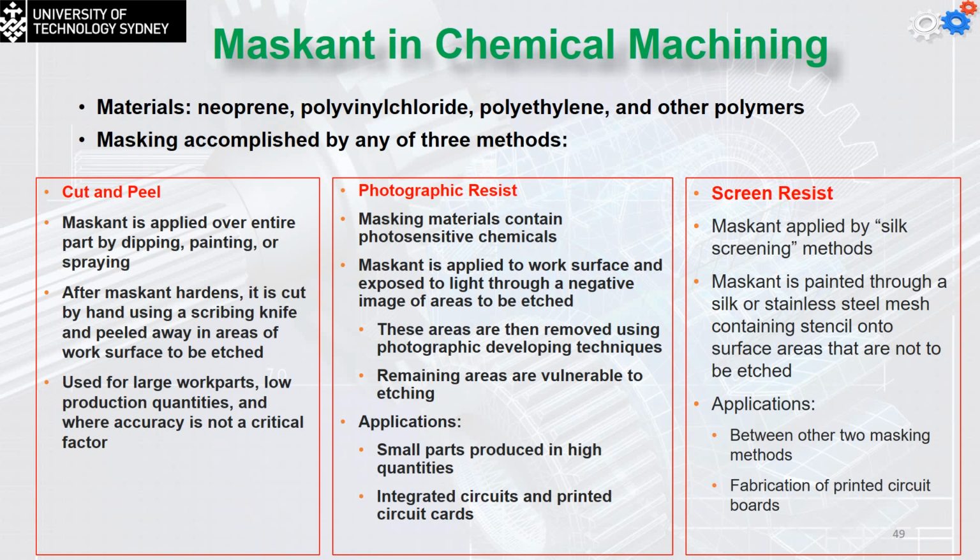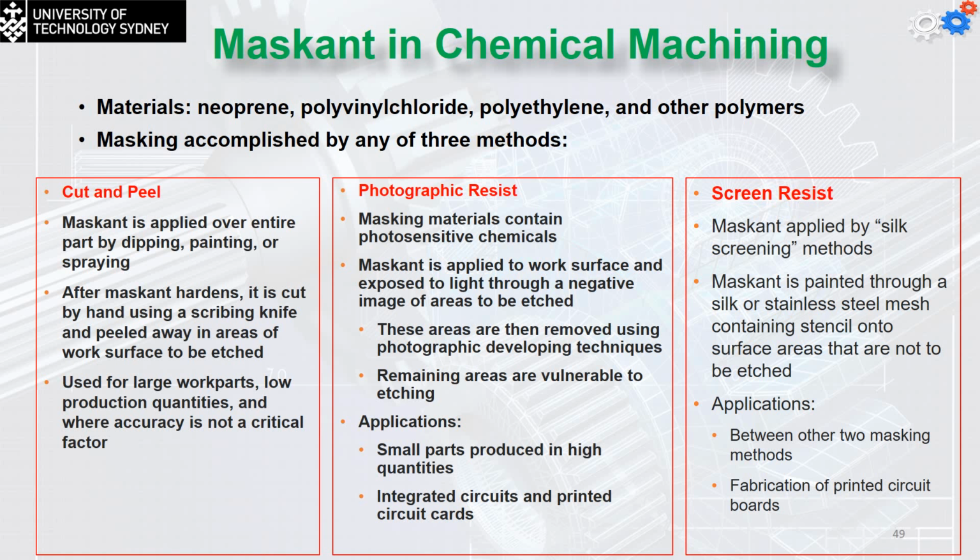Okay, so the materials we can use in the masking for chemical machining are usually neoprene, polyvinyl chloride, polyethylene, and other polymers. The masking is accomplished by one of three methods. The first is cut and peel, where the masking is applied first on the whole surface by dipping, painting, or spraying.